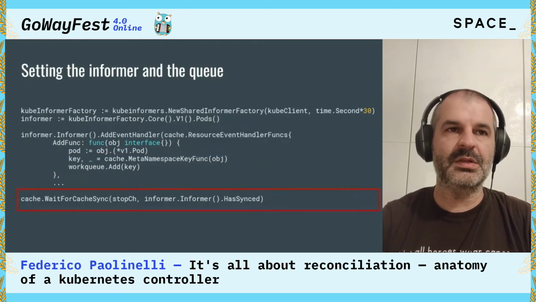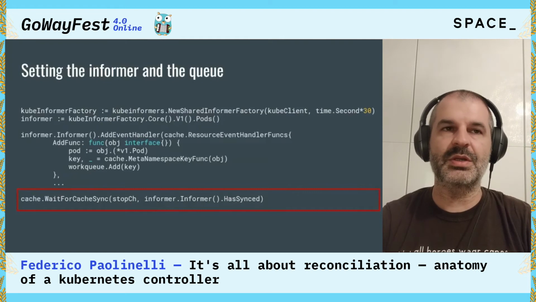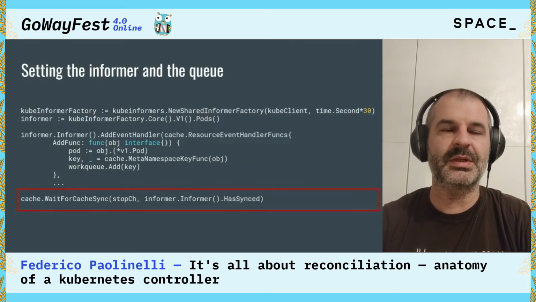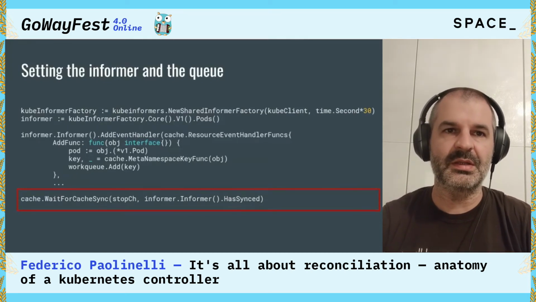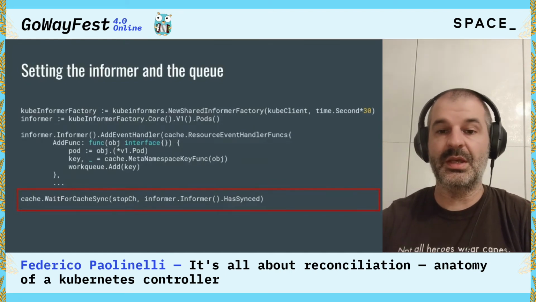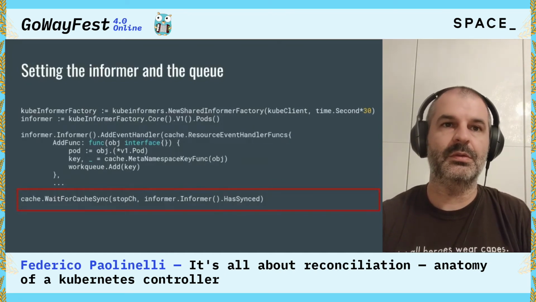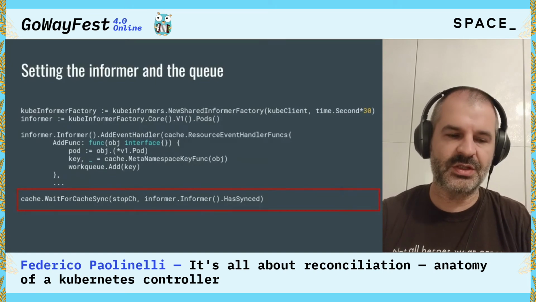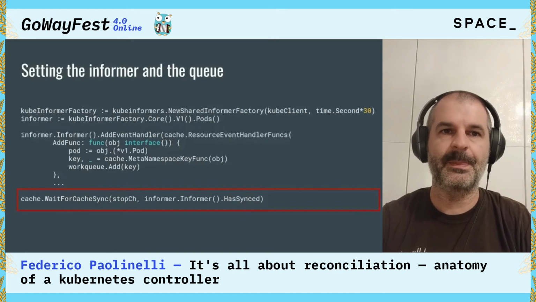And then before launching the consumers, you want to be sure that the cache is synced. This is because when you consume the key, you want to be able to fetch the content related to the key from the local cache.